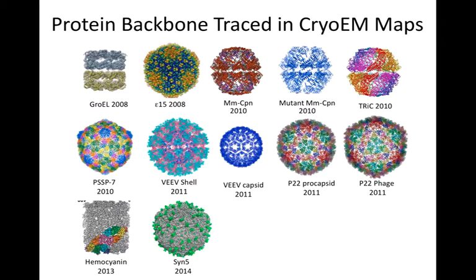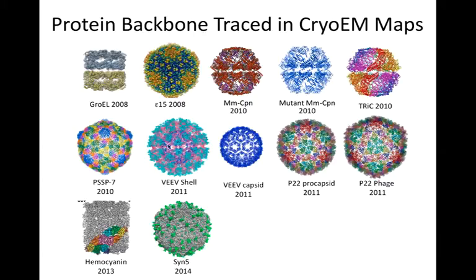In our center, back in 2008, we began to solve the cryo-EM structures of a chaperone and a virus particle, from which a backbone trace of individual proteins of these macromolecular assemblies can be accomplished.